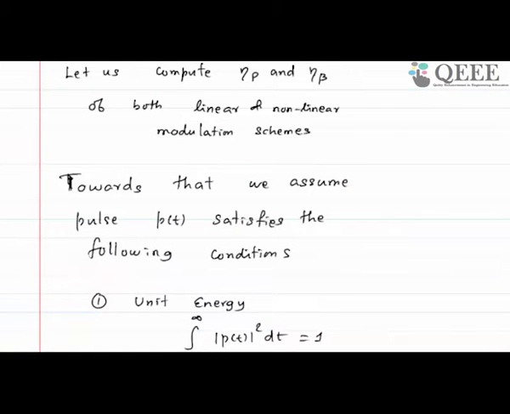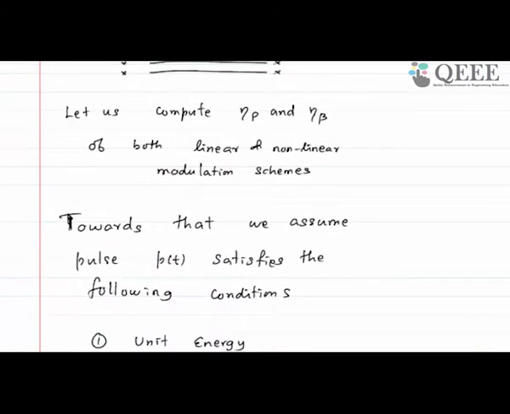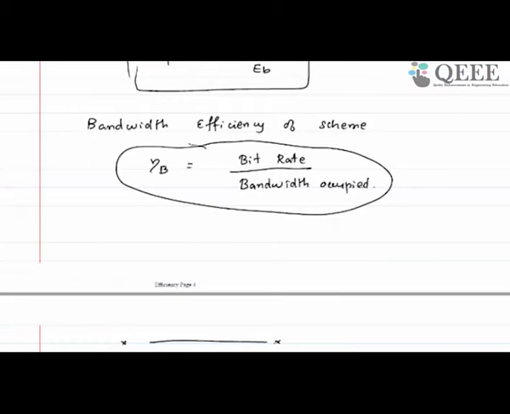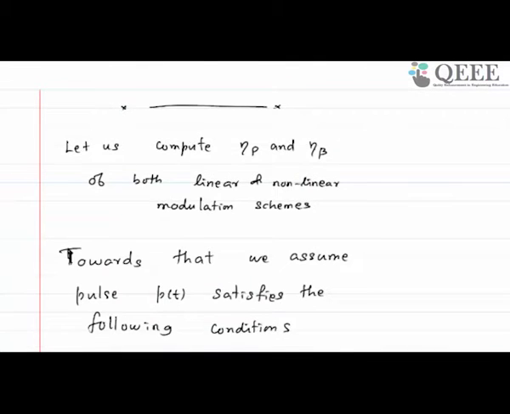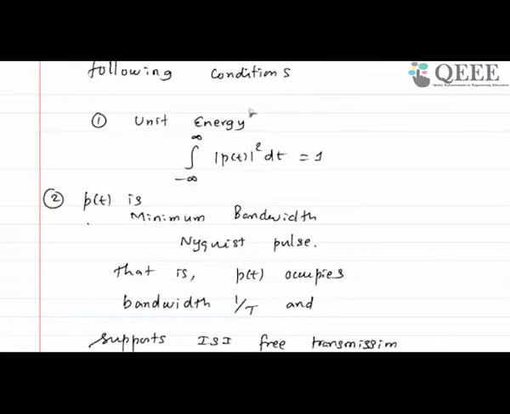When we talk about power and bandwidth, we have to talk about some pulse which is common to everything. The pulse p(t) we are using in modulation appears in both linear as well as non-linear modulation, so we have to take a common pulse for comparison. Let us take the pulse p(t) with unit energy, and assume that it occupies the minimum bandwidth needed for the Nyquist criterion.